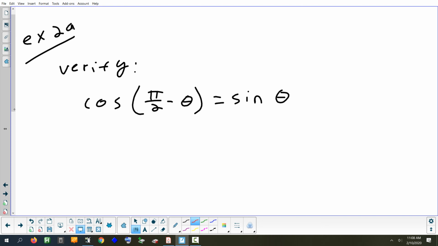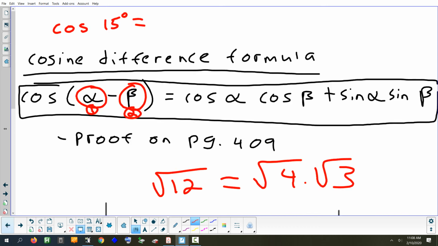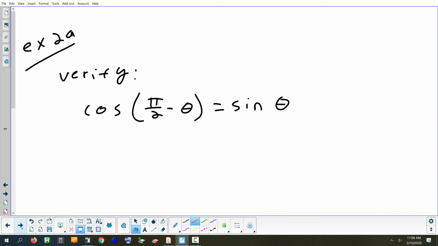That's the same pattern we just had before. Cosine of a difference. So we just have to remember the formula. It's cosine, cosine, plus sine, sine. And that's like my alpha, and that's like my beta.